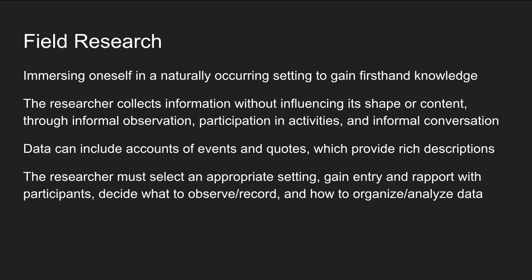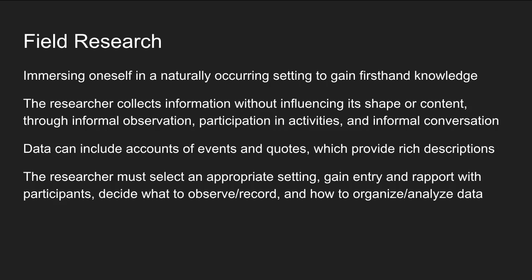The second type of social research method is field research. In field research, you are immersing yourself in a naturally occurring setting to gain first-hand knowledge of the social phenomena within that environment.